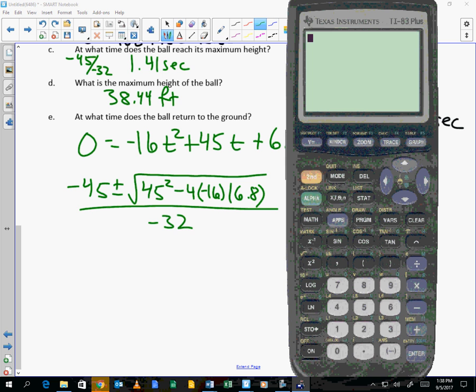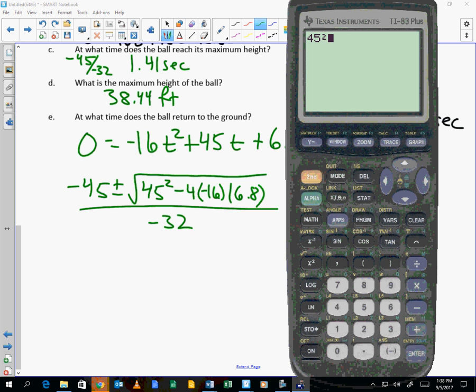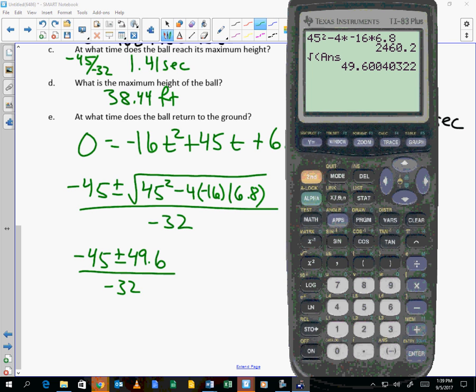I'm going to type that in: 45 squared minus 4 times negative 16 times 6.8. I get that. I'm going to square root it, and because I'm swift with the keys, I'm going to go second answer. Boom! 49.6. So I add them and divide by negative 32. I get negative 0.14 seconds.